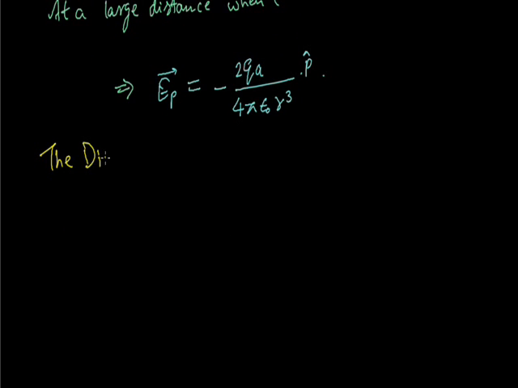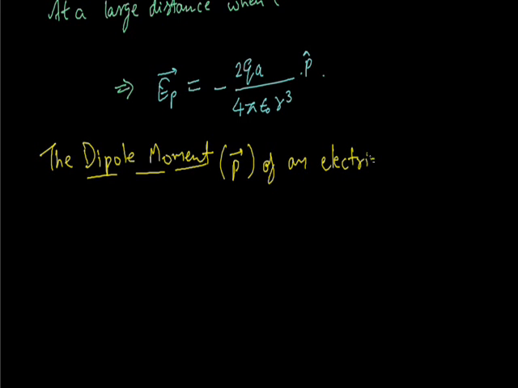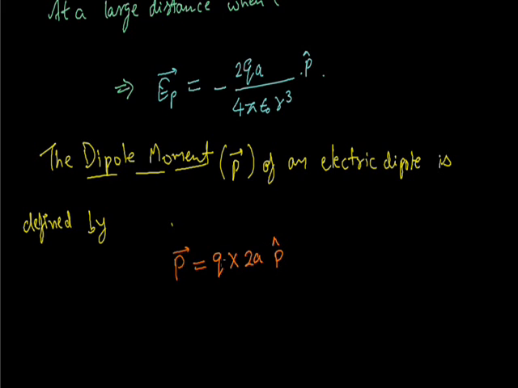The dipole moment, denoted as vector p, of an electric dipole is defined by p vector equal to q into 2a, multiplied by p cap.